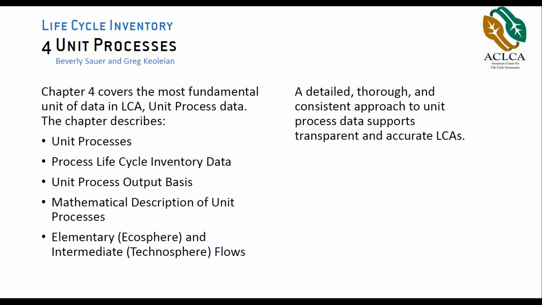It describes in detail the unit process, how it is used to model outputs, and how it is expressed mathematically. It introduces the basic concept of elementary flows that come from the ecosphere and intermediate flows that come from the technosphere. A central message is the need for thorough and consistent approaches when collecting and reporting unit process data.